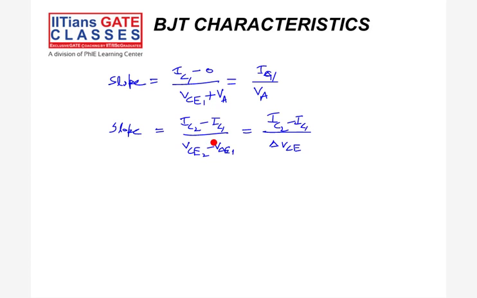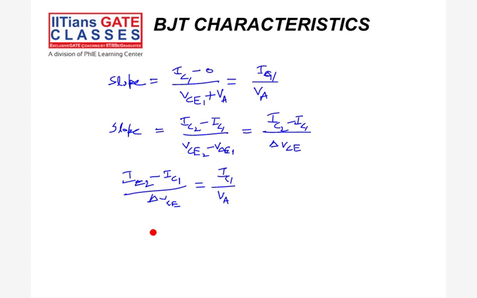So these two slopes will be equal, as they are in the same region. So this slope and this slope can be equal. I can write IC2 minus IC1 divided by delta VCE is equal to IC1 divided by VA.